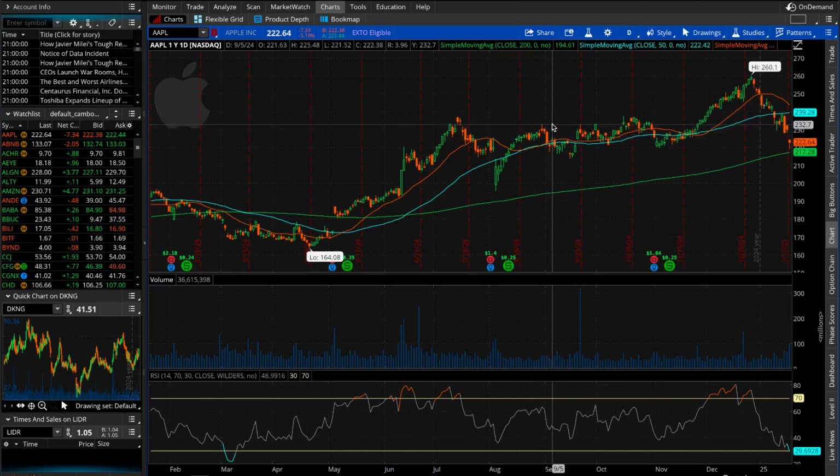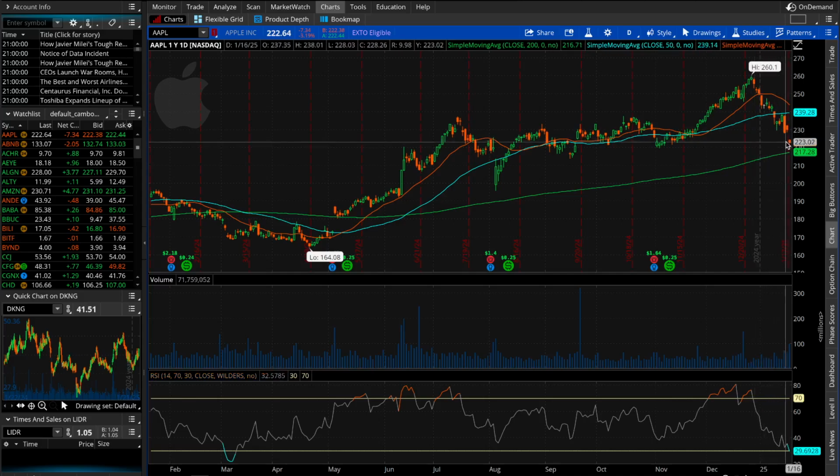I don't have to find the exact price that this is averaging at for my support. At the higher end of support, we'll just call it 232. The lower end of support, I'm going to call it 220. So about right here, and we'll say support is at $220.